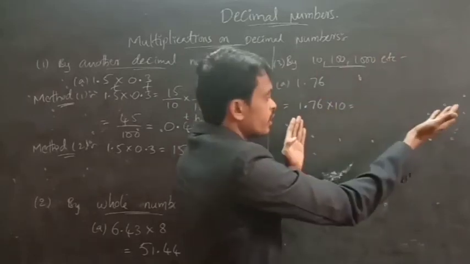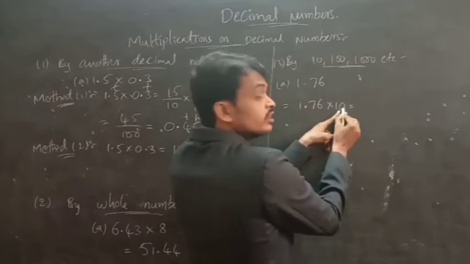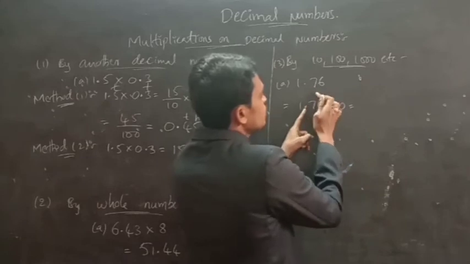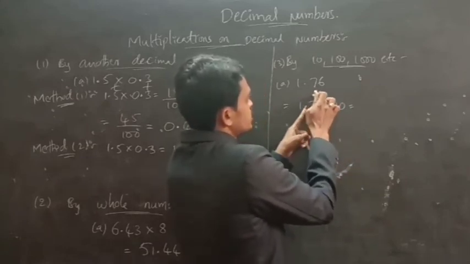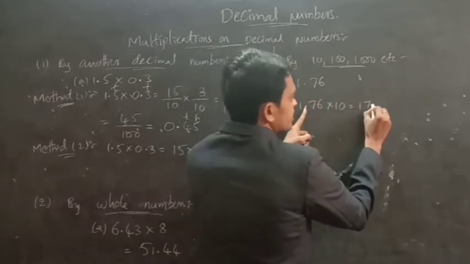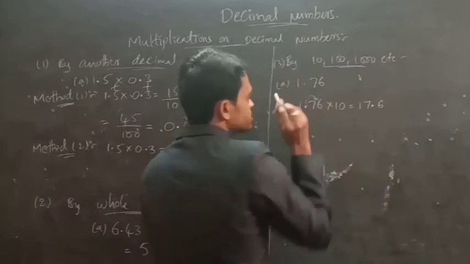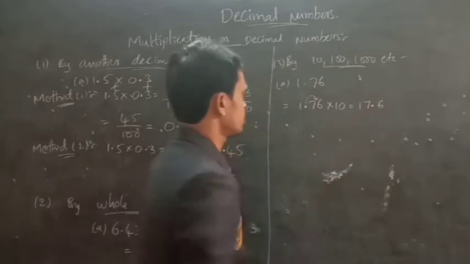Here we are multiplying with 10, so the point will move one place from the tenths place to here. Then we write 17.6, and the point is placed here. The answer is 17.6.